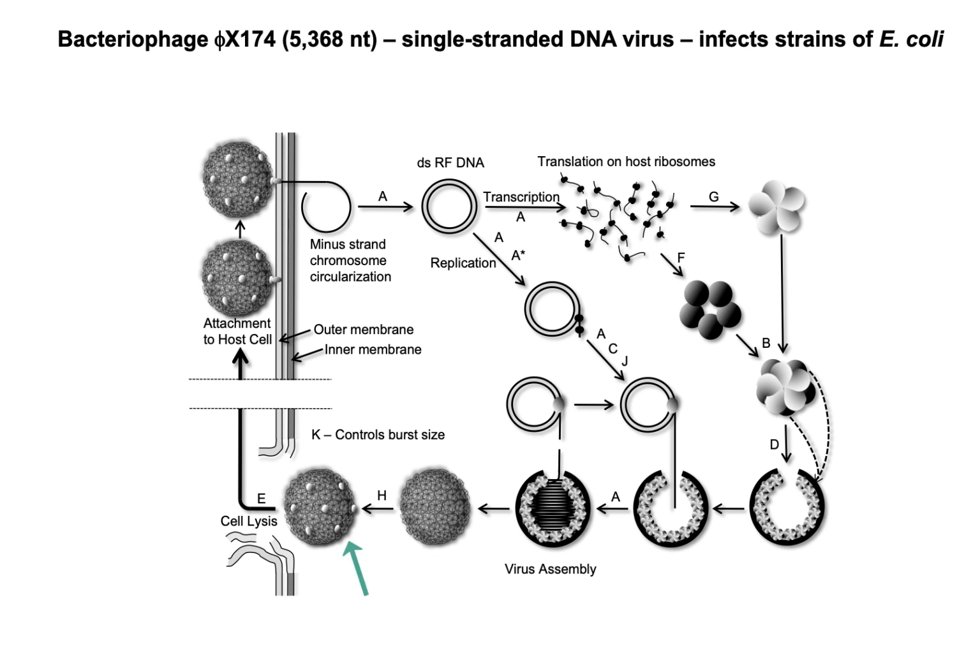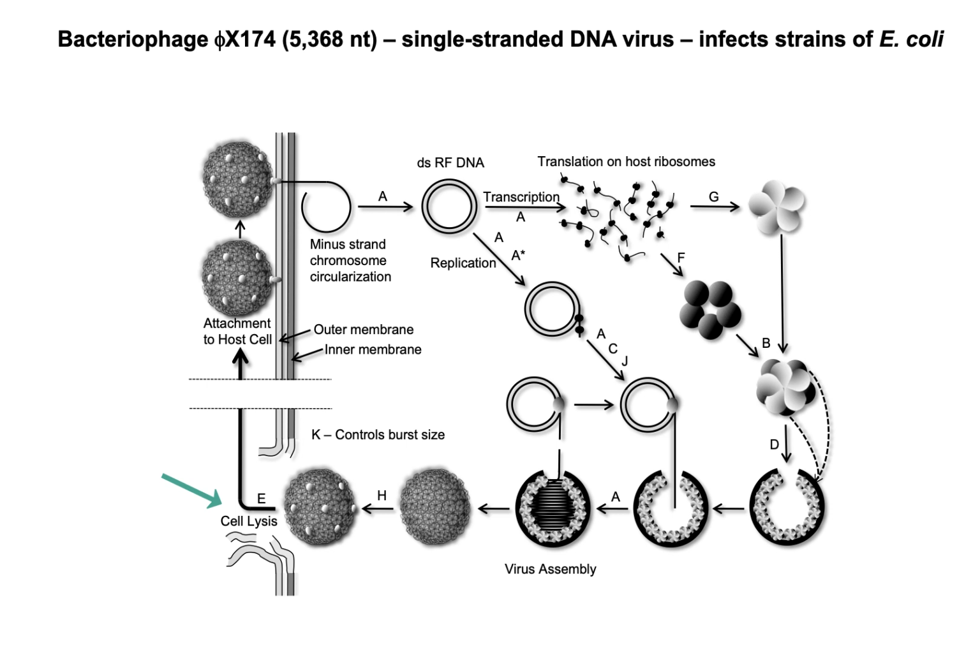And then the H protein, which is the protein that recognizes the cell surface of the bacterium, is installed on the outside of the virus particle. And then the protein K from gene K is the thing that controls the cell burst size when the cell is going to break open.